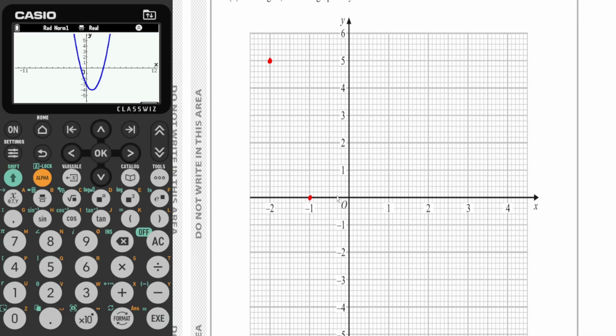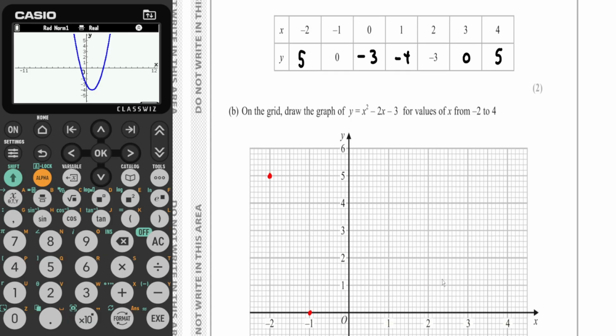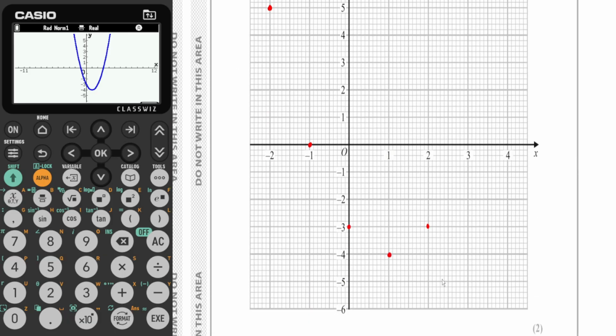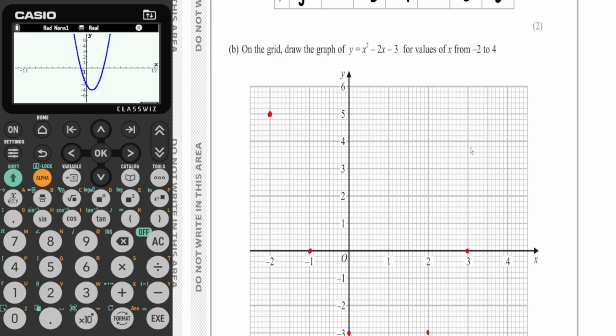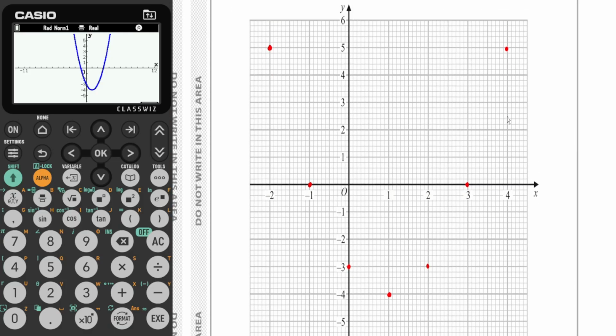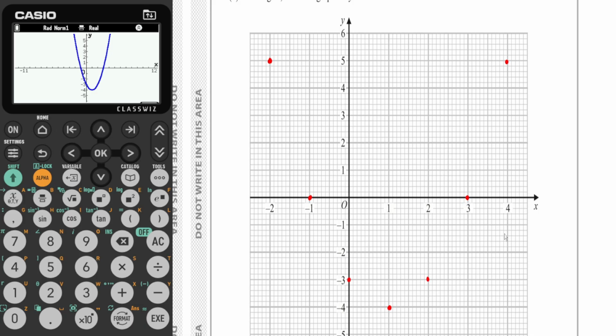Then we've got 0, -3. Then we've got 1, -4. Then we've got 2, -3, 3, 0, and then we've got 4, 5, like this. So now let's join all these points up with a smooth curve. So we have something looking like this.